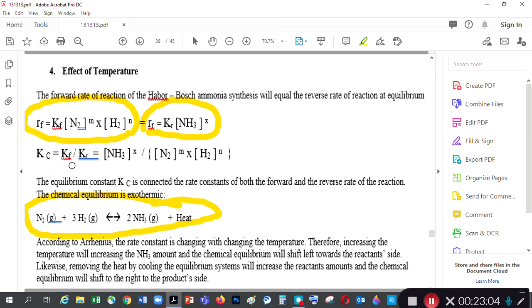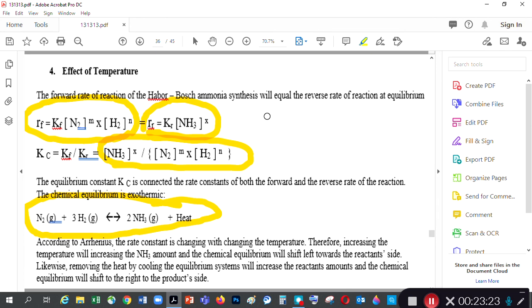They are equal. Put them together, and the rate constant of the forward reaction divided by the rate constant of the reverse reaction will look like this here. And then you can see how Kc is connected to both of those.